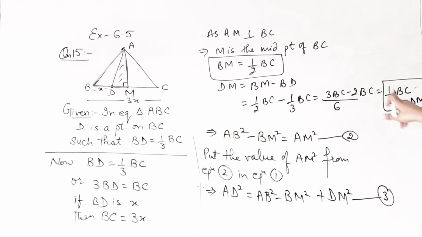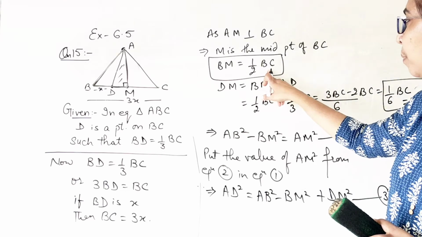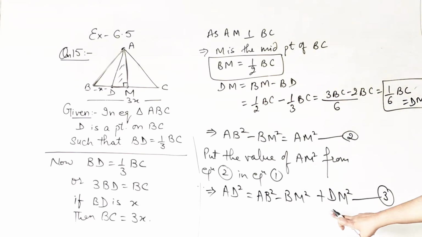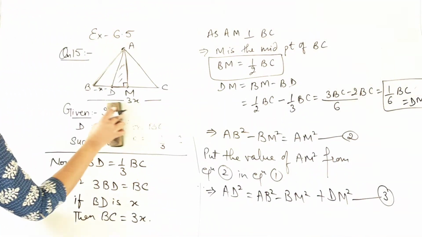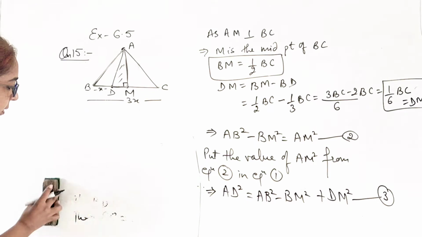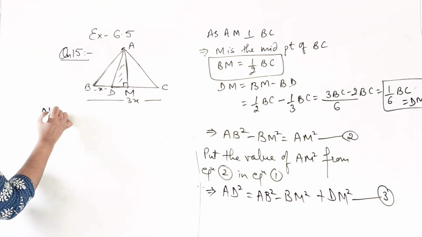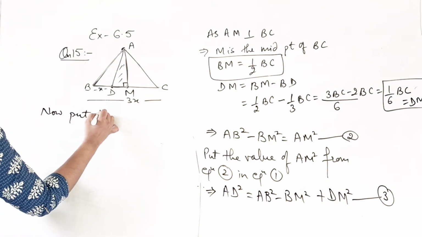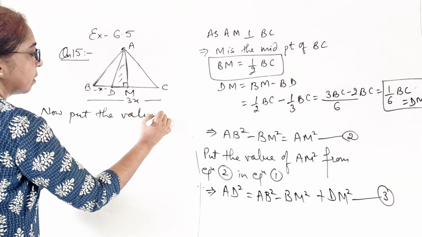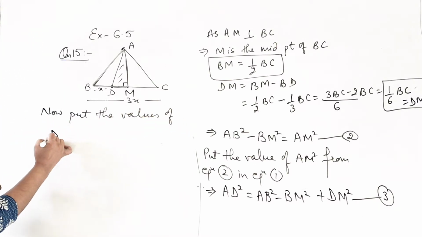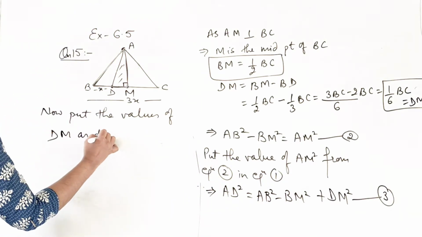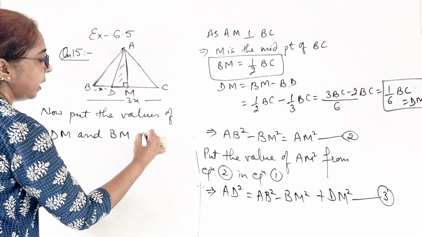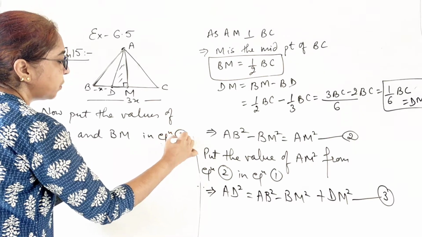Now we'll use these two values. We'll put the value of DM and value of BM here in this equation number 3. Okay? So now put the values of DM and BM in equation 3.